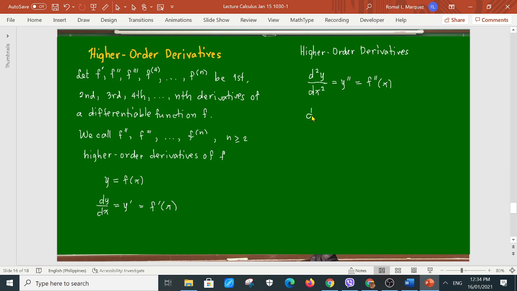If I have the third derivative with respect to x, so this is the second derivative with respect to x, is equal to y triple prime, and this is f triple prime of x. So we call this the third derivative.